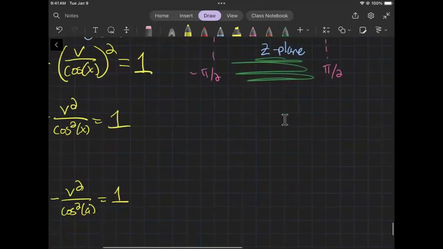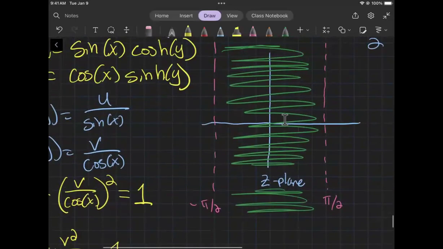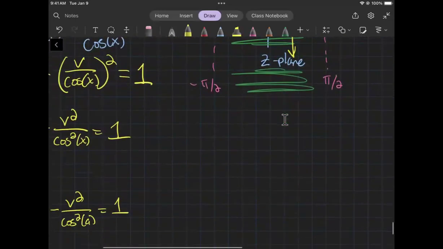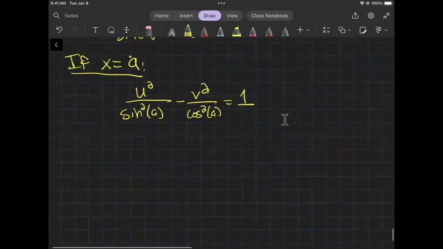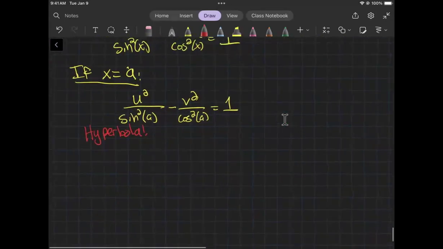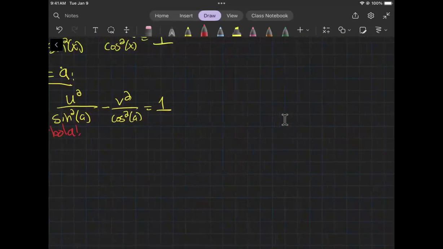But nevertheless, if I pick x equals a inside this strip, this is an equation for a hyperbola. So images of vertical lines, x equals a, would give us hyperbolas in the W plane. Here's what that looks like.